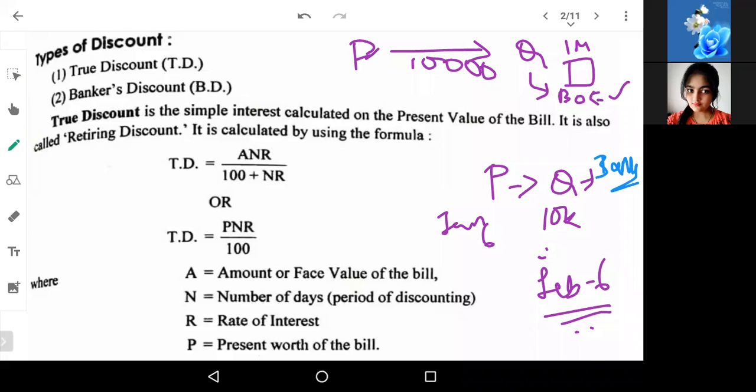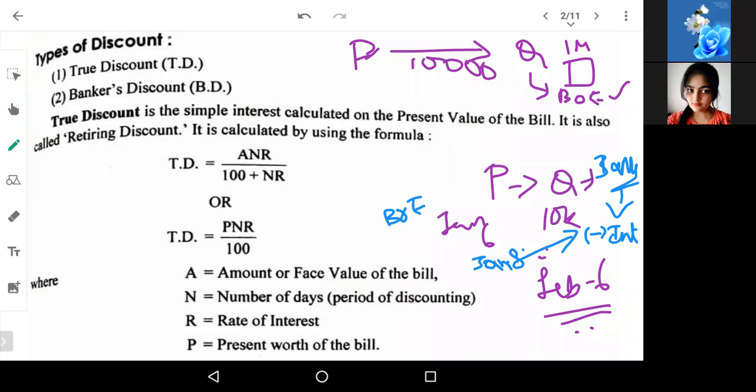Now the bank will deduct the interest on the unexpired period. Unexpired period is, let's say on Jan 6th they draw the bill of exchange. Now on Jan 8th Q has taken the bill of exchange to the bank.